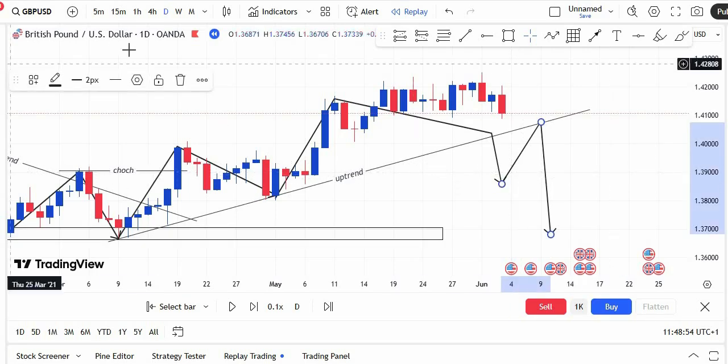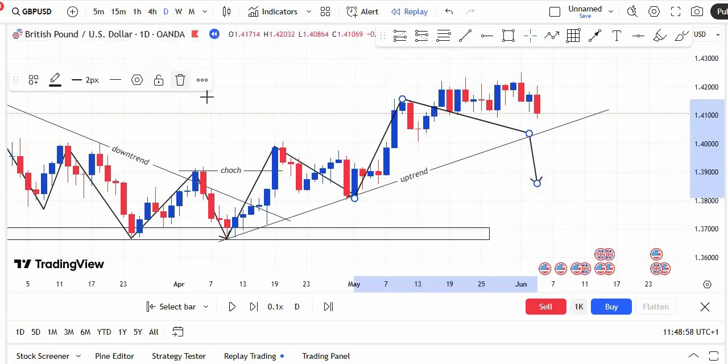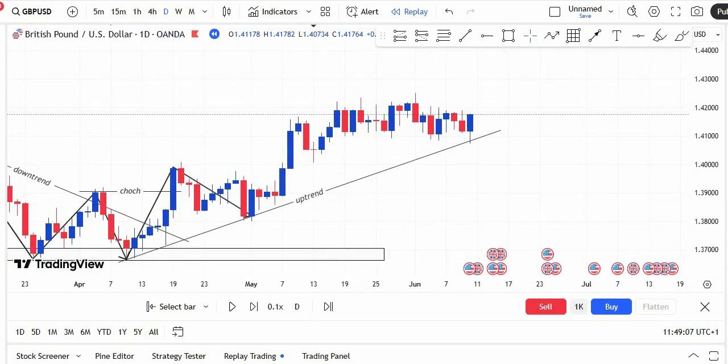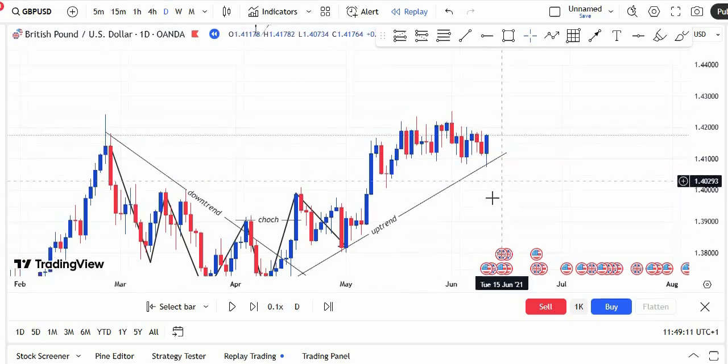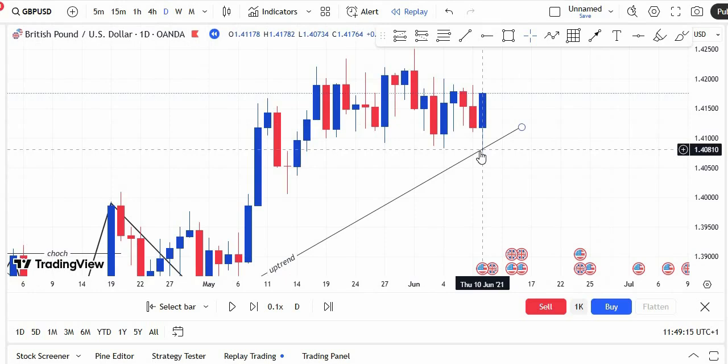Now, what type of pattern are we expecting on this trend line? Let's see. So all we have to do now is split the market and see if the market will retest off the trend line. And that's it. The market retested off the trend line, and as you can see, immediately the market retested off the trend line.